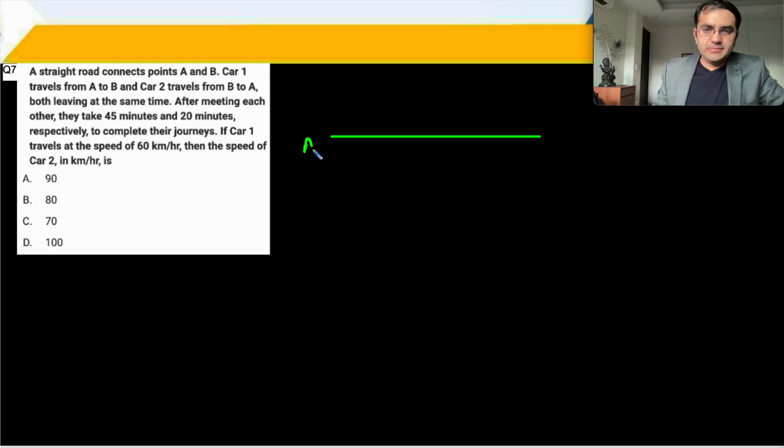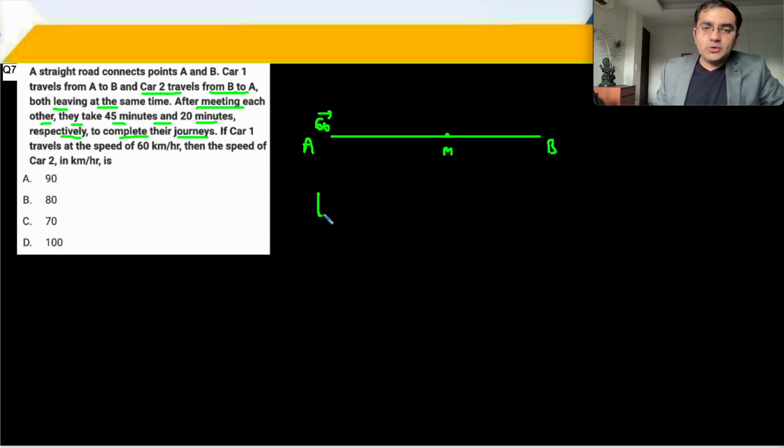It's connecting point A and point B. If car 1 travels at a speed of 60, so car 1 travels from here at a speed of 60 from A to B. Car 2 travels from B to A, both leaving at the same time. After meeting each other, let's say that the meeting point is M. They take 45 minutes and 20 minutes respectively to complete their journeys.